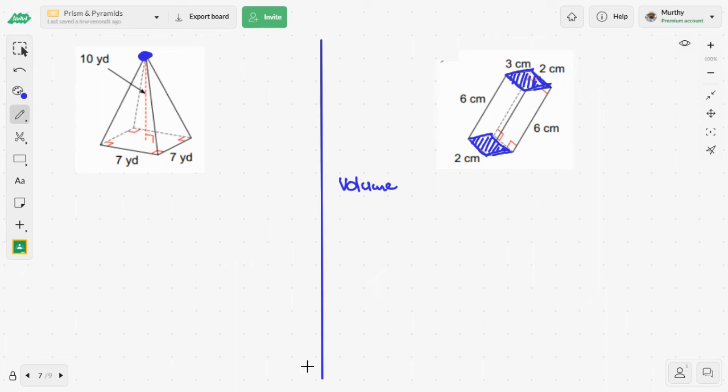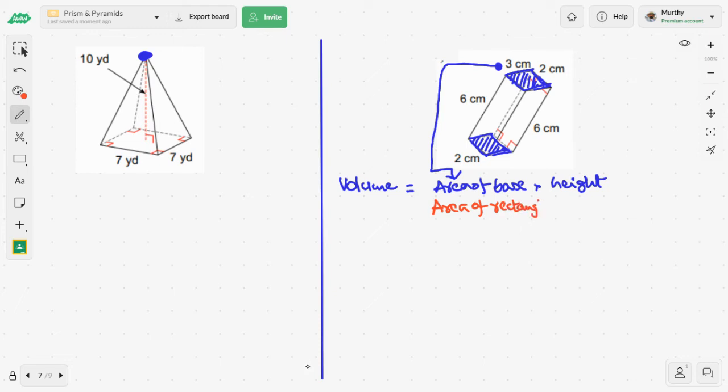So volume of a prism equals area of base times height. And let me identify the shape of the base or the shape of the top. It's one and the same. Therefore, I know that I have to find the area of a rectangle first.